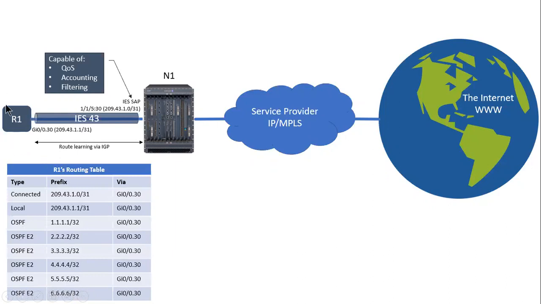So our CPE, or our subscriber, or R1, has access or is aware of the service provider's internal routing schema.